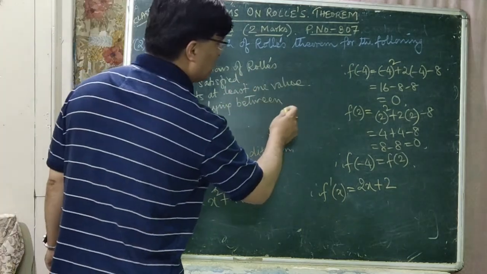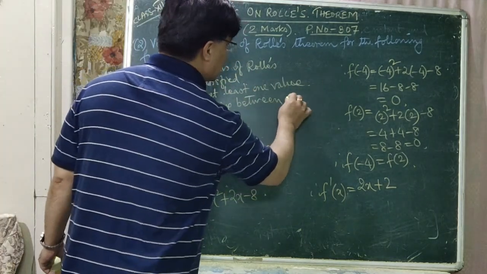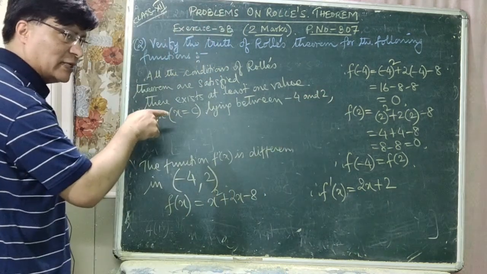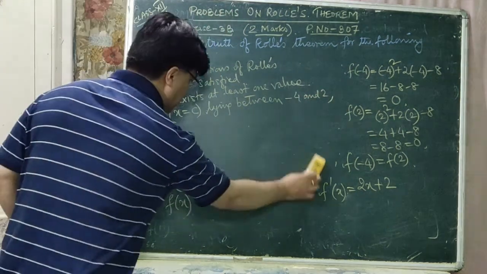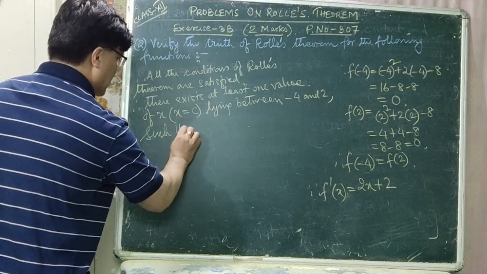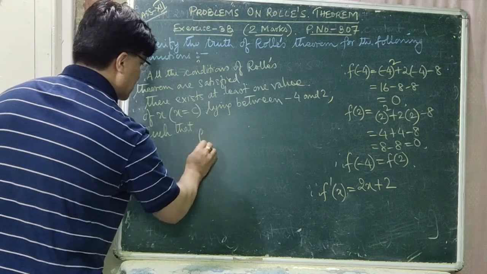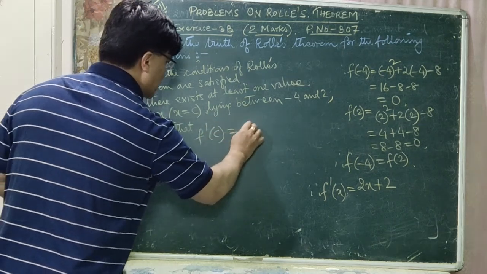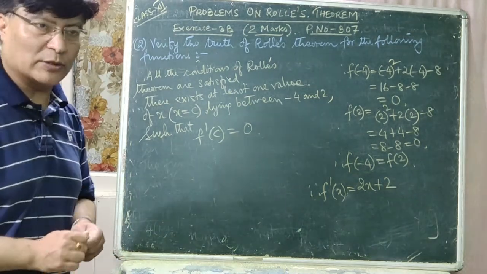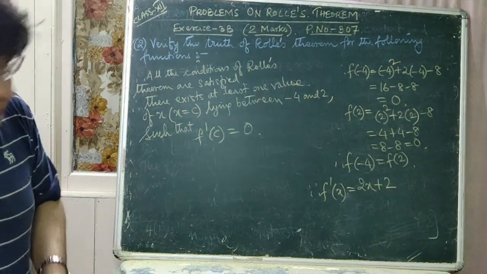Here what is a and b? Here a and b is -4 and 2. Lying between, here a is -4 and b is 2, such that f dash of c is equal to 0. Okay, such that f dash of c is equal to 0, right?